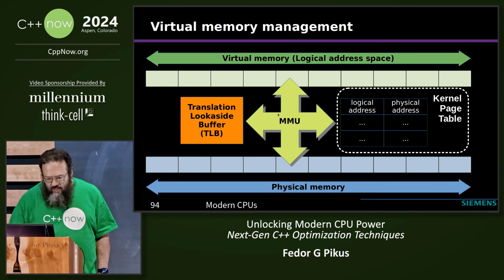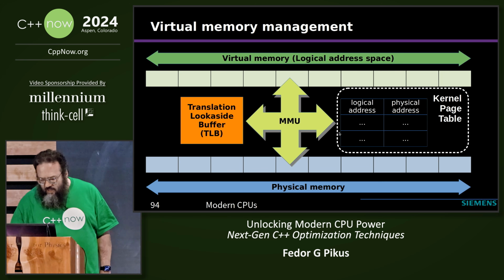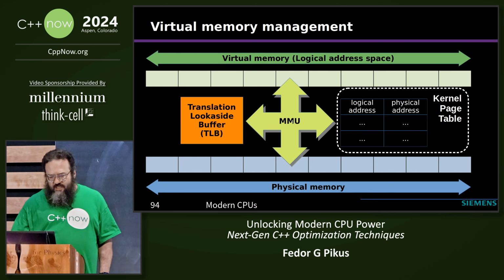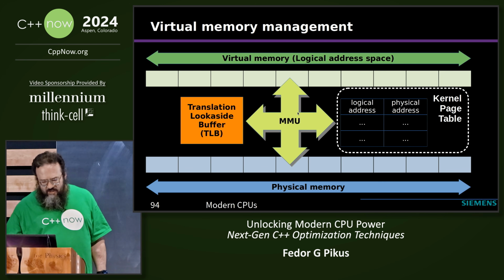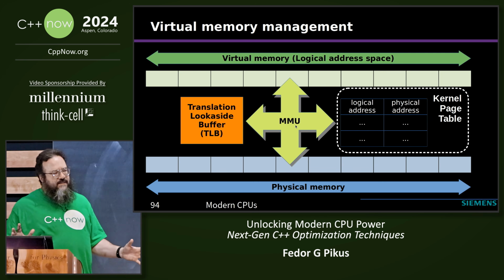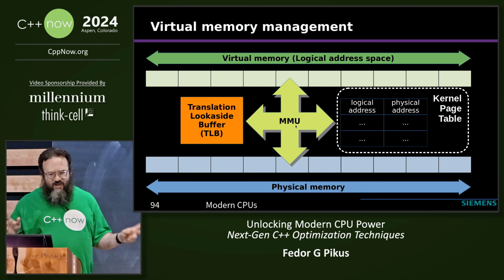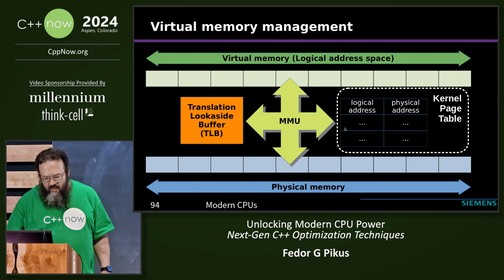Well, there is a hardware component, the memory management unit, which actually does it. This MMU actually does the mapping. It has 2 things that help it. One is the kernel page table.